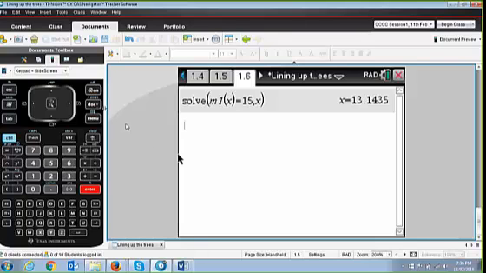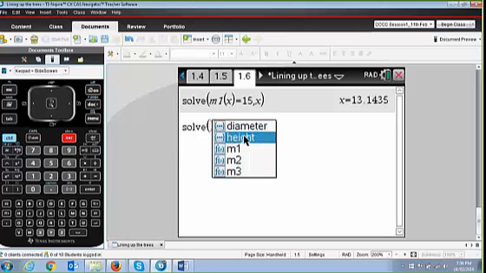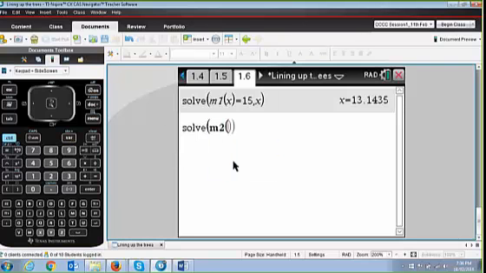On our second estimation, we can do the same thing. Solve, open brackets, go to the menu, choose M2 of X, and have that equal to 15. And since we were using residuals, we're going to assume that that was probably a better estimation, and we get a slightly different answer because it was a slightly different equation.